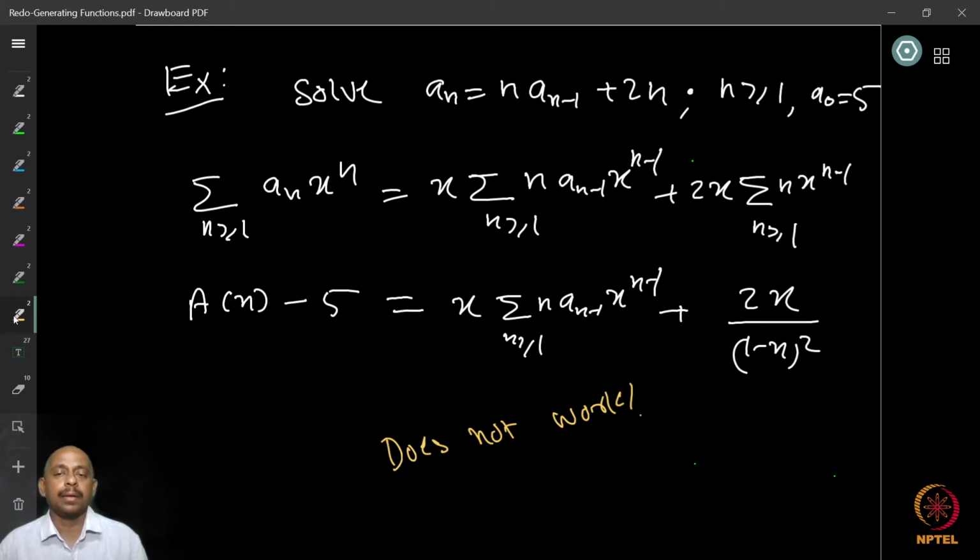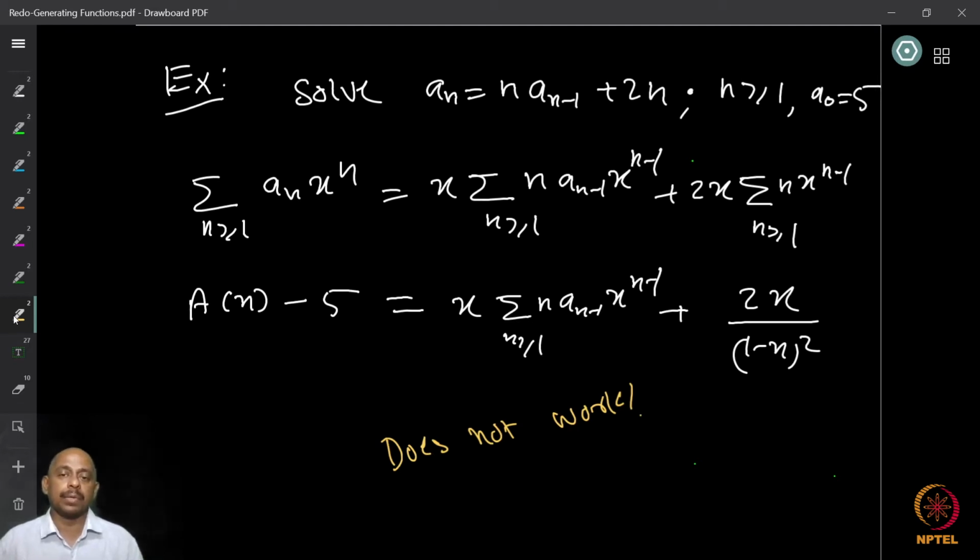As one can verify, a_n is n times a_{n-1} plus 2n, so every time it is multiplied by n, and therefore this sequence grows faster than n factorial. Because of this, one can show that the ordinary generating function will not converge, and therefore we will not get a nice function as we did in the previous case.